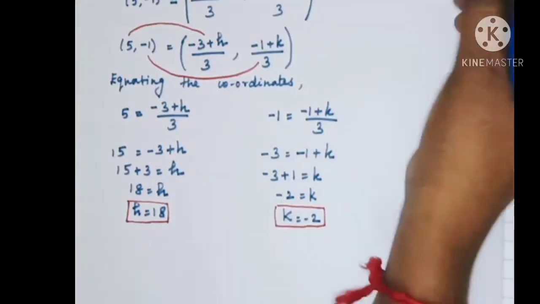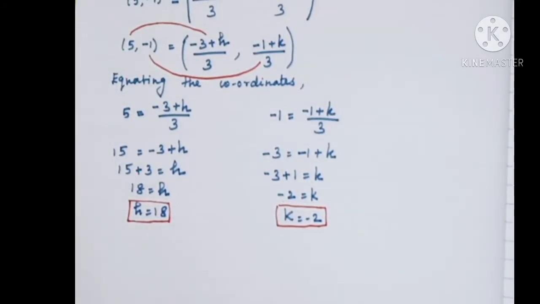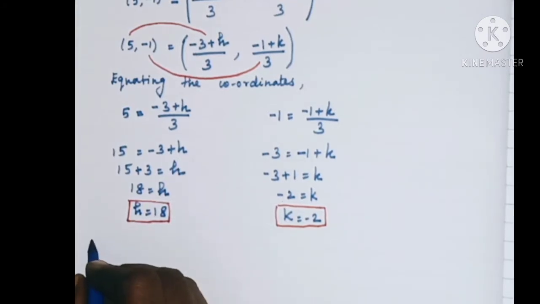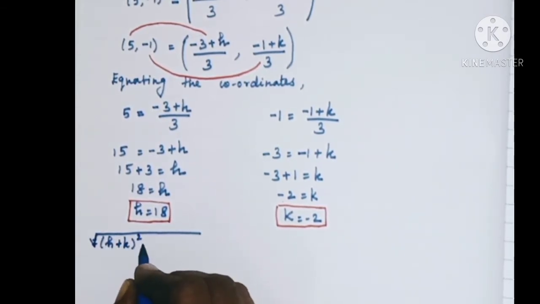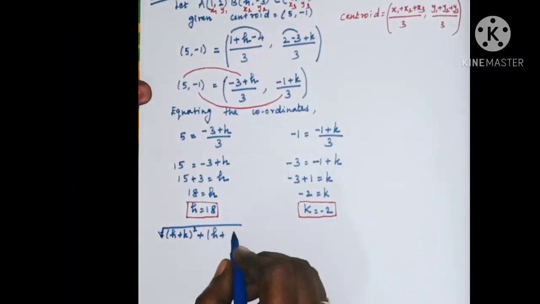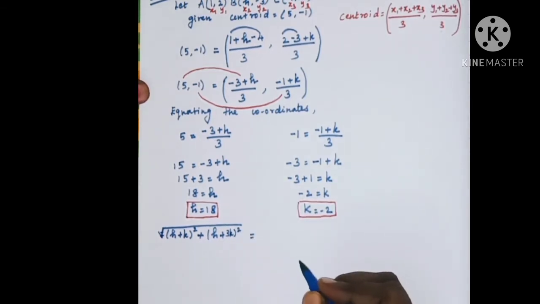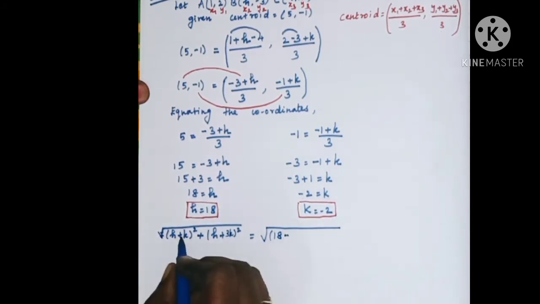Then in the problem they are asking to find the value of the square root of (h plus k) the whole square plus (h plus 3k) the whole square. What is h? h is 18, and the k value is minus 2.